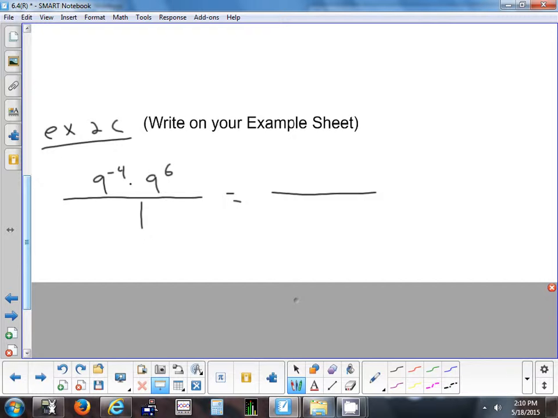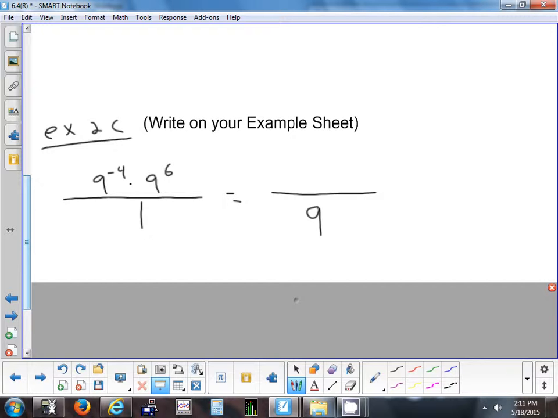If it's a negative exponent on the top, how do you make it positive? Not subtract it. Does it change? Does it switch things? We're going to move it, right? We're going to keep that base of 9, but see how I put it on the bottom? Stay with me. Don't worry about what these guys are doing.